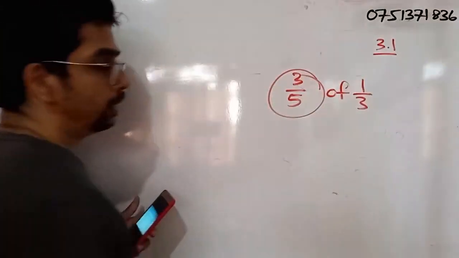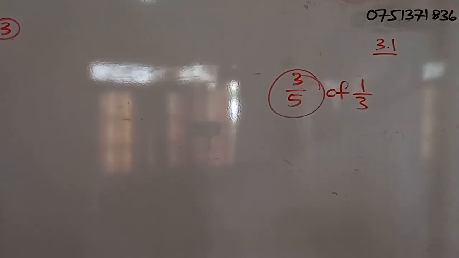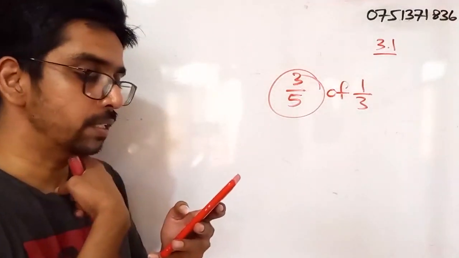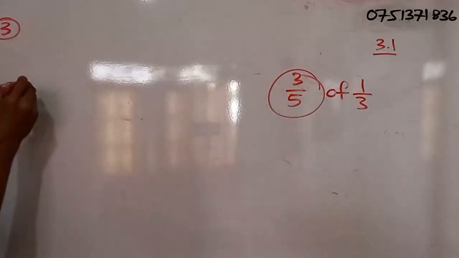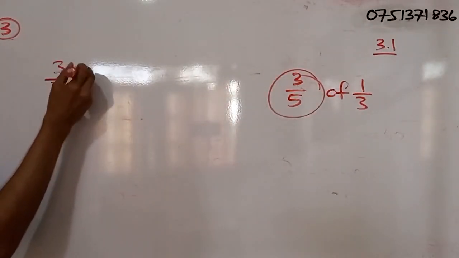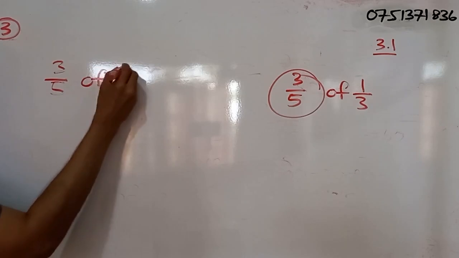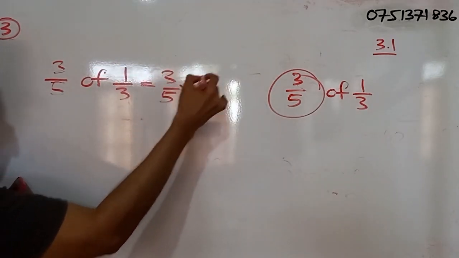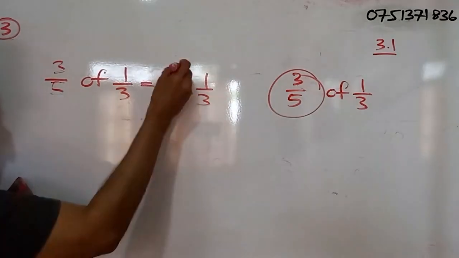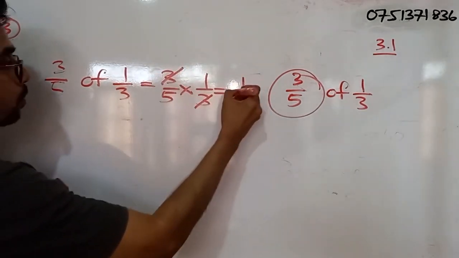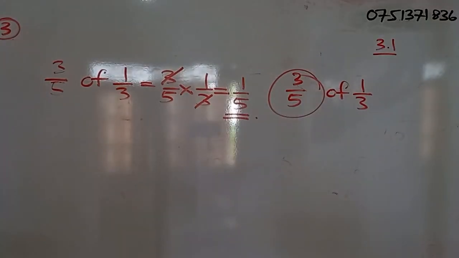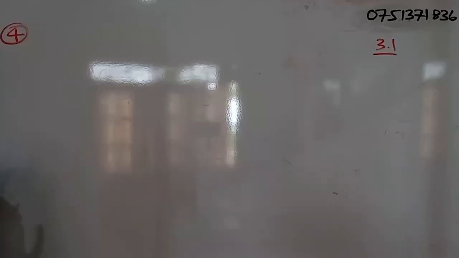So in the question, what are they asking? What is the portion received by the daughter as a fraction of the whole land? So what do we do? 3 by 5 of 1 by 3. That means 3 by 5 into 1 by 3. So we can cancel out the 3. So this becomes 1 by 5. So the answer is 1 by 5.